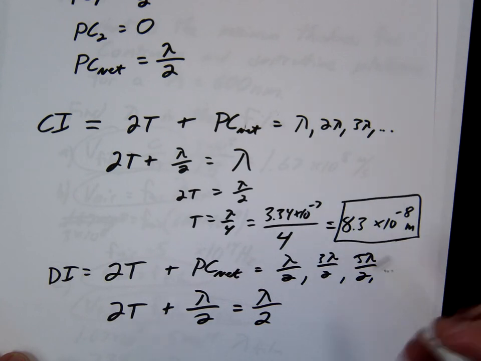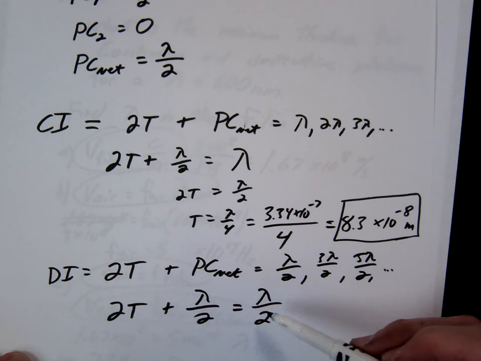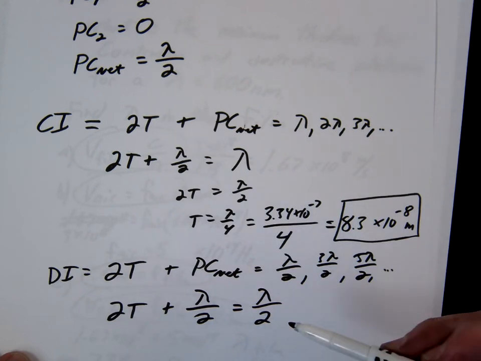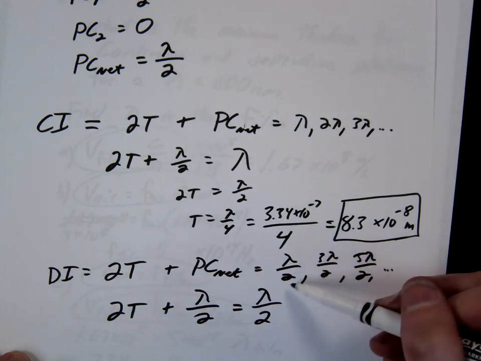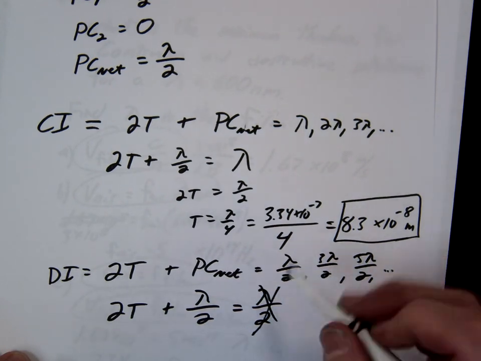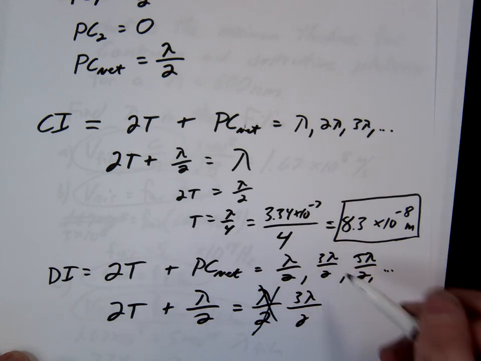Yeah, when we use lambda over 2, notice that that's 0. What do we do? Does that mean there is no possibility of destructive interference? You go up 1. So remember, these are all the different possibilities. So yeah, it doesn't work with this one, but it will work with this one. So this was going to be the smallest this time, not lambda over 2.